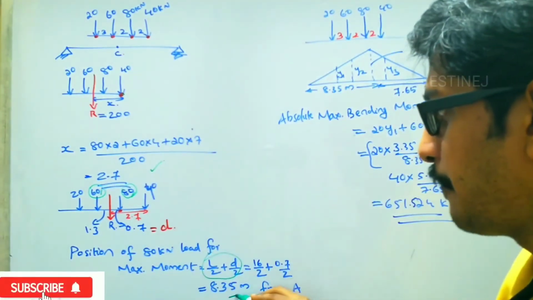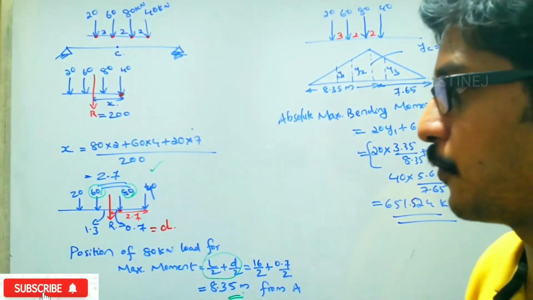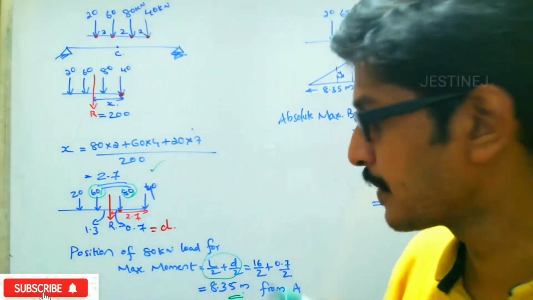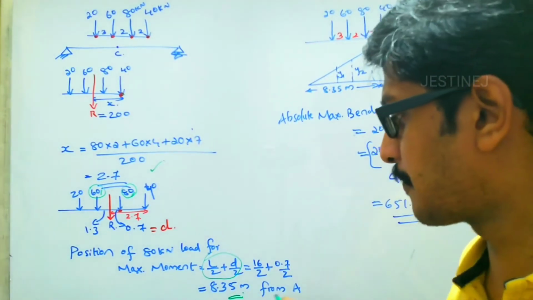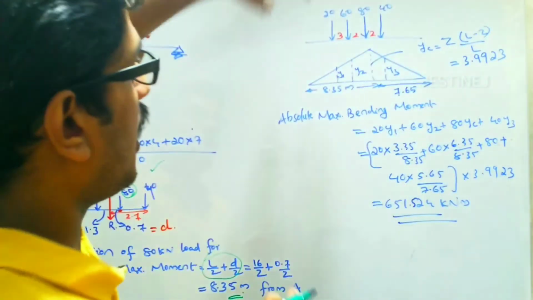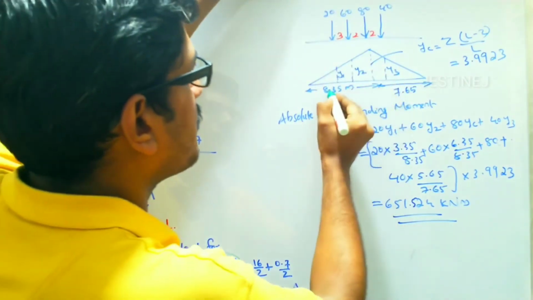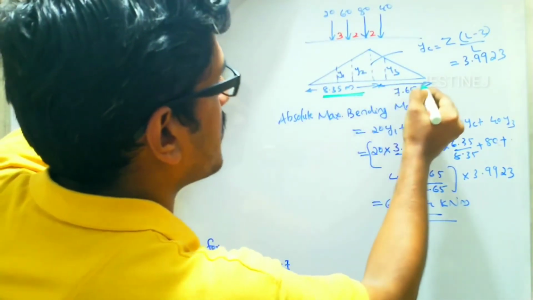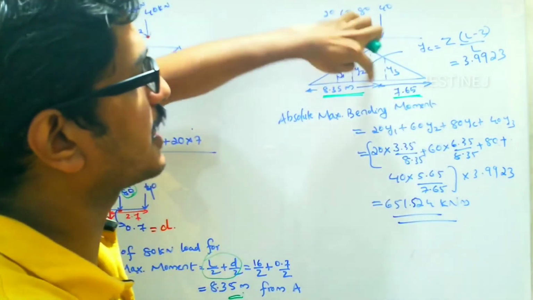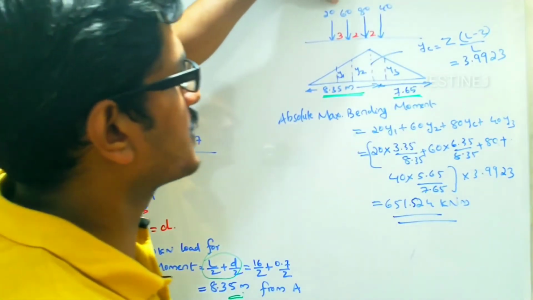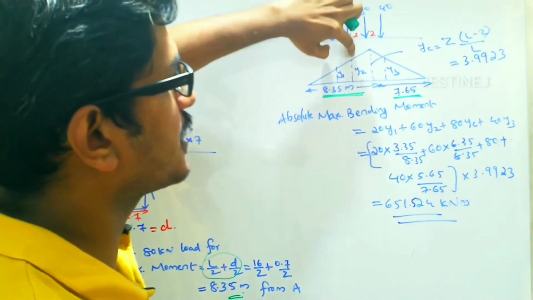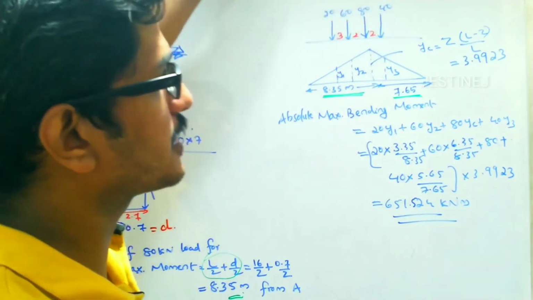So finally you get 8.35 meter from the support. So you place the 80 kilonewton at a distance of 8.35 meter from the support. After placing, the remaining distance will be 16 minus 8.35, which gives 7.65 meter. Then you find the ordinates y1, y2, yc and y3.